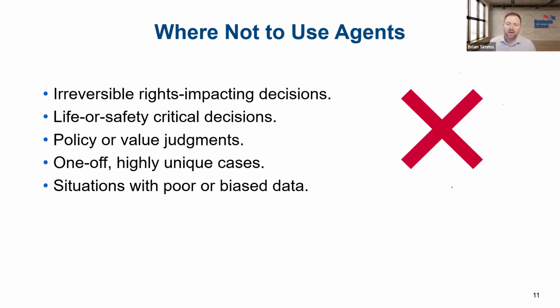And lastly, situations where there is poor or biased data. So we've all probably seen the headlines in the last couple of years where AI has been caught doing this, or it's been exposed that this happens. That if historical data reflects an inequality or an error, an agent will amplify them.